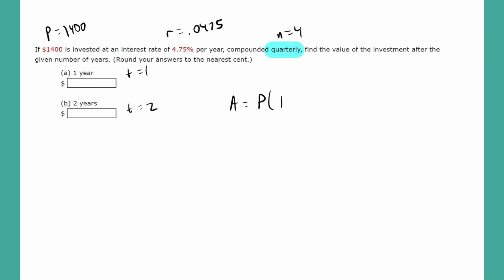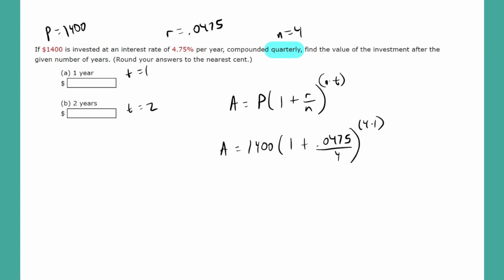So let's plug these values into our formula. For the first part, it's 1,400, 1 plus 0.0475 over 4, to the 4 times 1. I'm getting 1,467 and 69 cents.